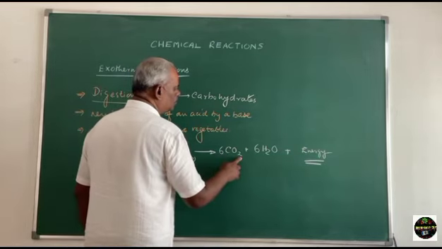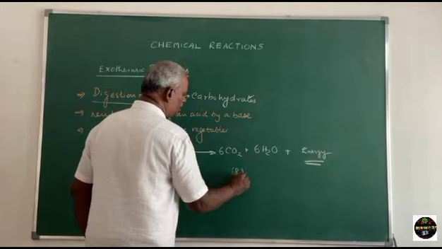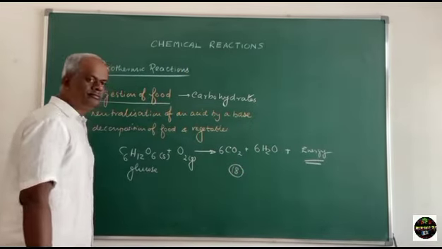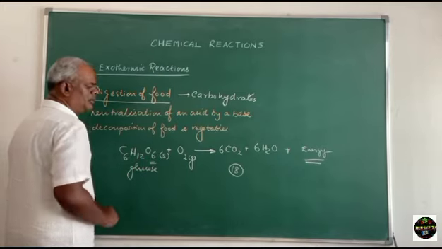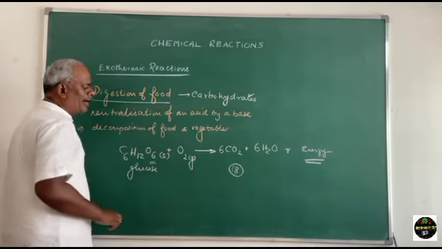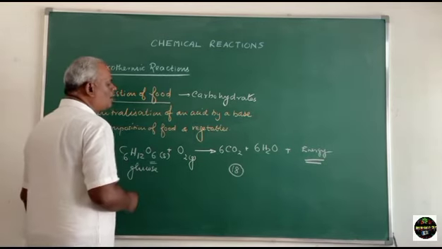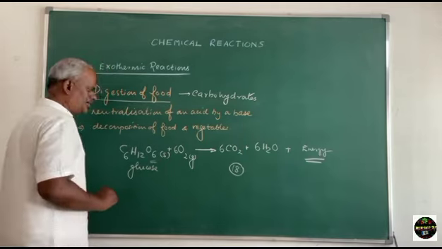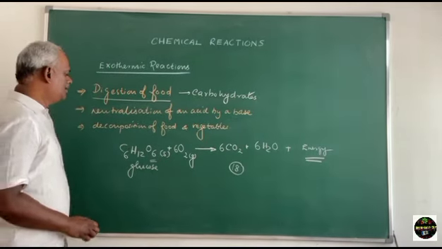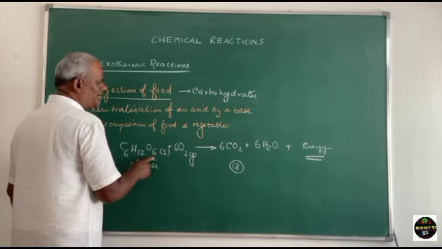6 into 2, 12, plus 6. So totally there are 18 oxygen atoms. Here already there are 6 in the glucose, so 12 more are required. And in order to get 12 more oxygen, this can be multiplied by 6. Now you see there are 6 into 2, 12, plus 6, 18.